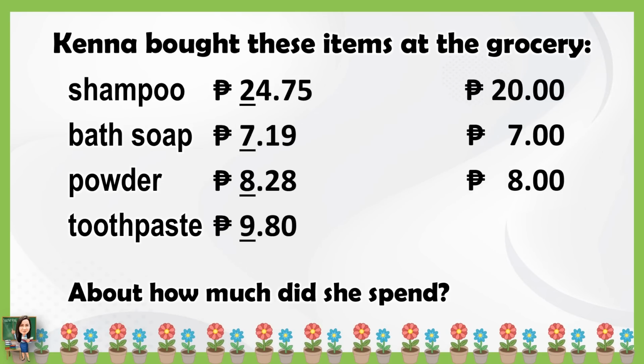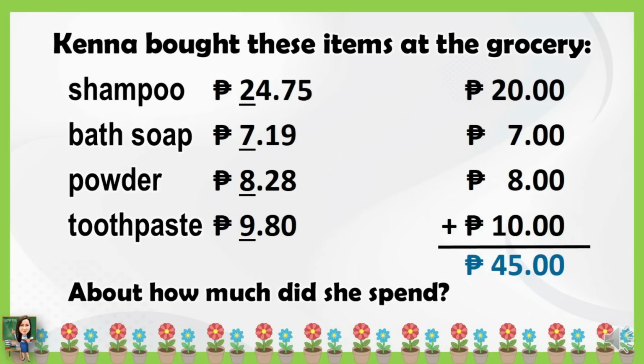The digit to the right of the rounding place is 8. 8 is greater than 5, so we are going to add 1 to the rounding place. 9 becomes 10. The estimation for the price of the toothpaste is 10 pesos. Now add the estimated prices of the items. 20 pesos plus 7 pesos plus 8 pesos plus 10 pesos equals 45 pesos. She spent 45 pesos for the grocery items.